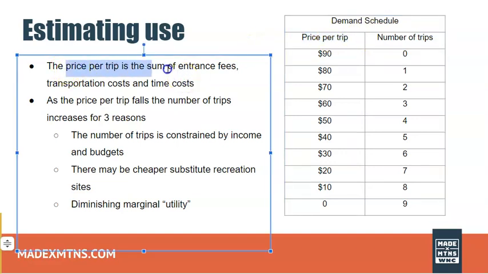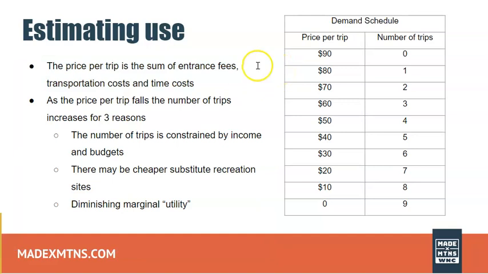These prices per trip are the sum of entrance fees, transportation costs, and time cost. With these made-up numbers, as the price of the trip goes down, the number of trips made by an individual increases, and that's known as the law of demand or the principle of demand. And we have that relationship for three reasons.